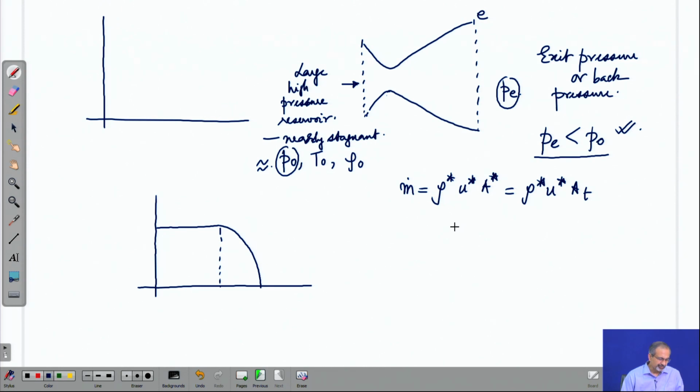So, you cannot have a Mach number going beyond the sonic condition at the minimum area.